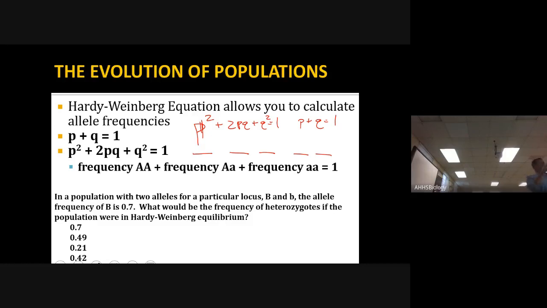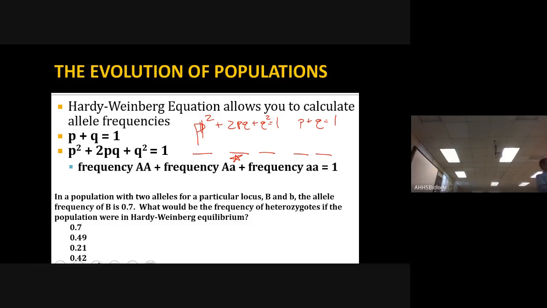Am I solving for p squared, 2pq, or q squared, or p or q? I'm solving for 2pq. So I'm going to put a little star right there. I need to get to that point. I don't care about the other numbers. I might get the other numbers in order to get to that point, but I don't actually care about finding them. I'm just looking for 2pq equals what?